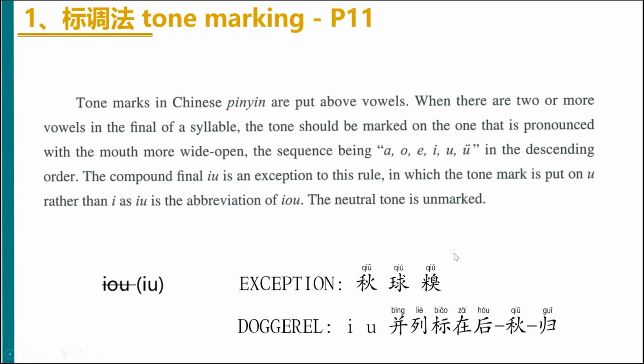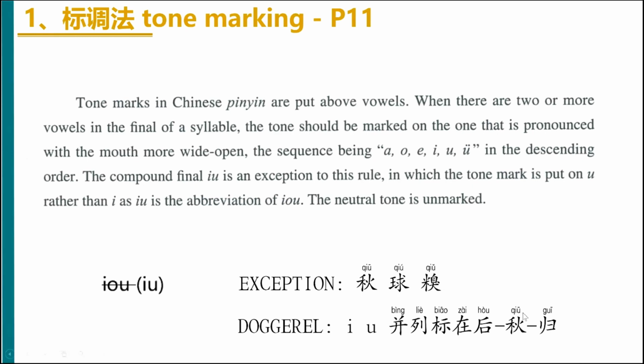And we do have a shortcut. When I was a little kid learning it, my teacher taught me that 一乌并列标在后. That means when i and u come together, the tone is always marked on the one that is behind.